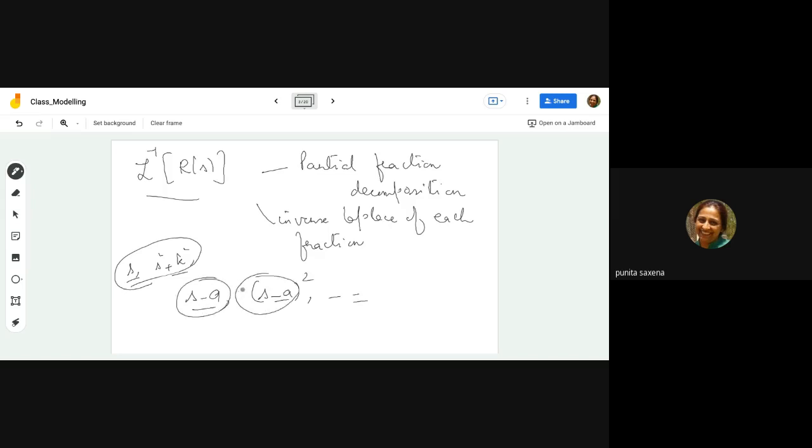So in a way, what we have to see now is, can we derive results for the Laplace transforms of the standard functions in terms of s that we already know? Can we derive those in terms of s minus a also? So that is the problem now.